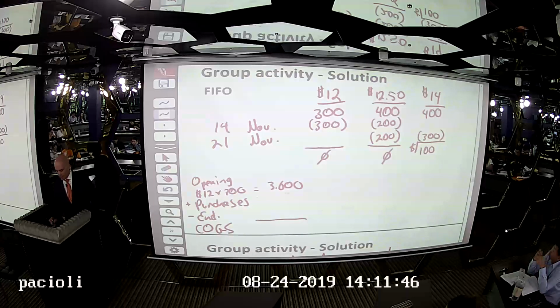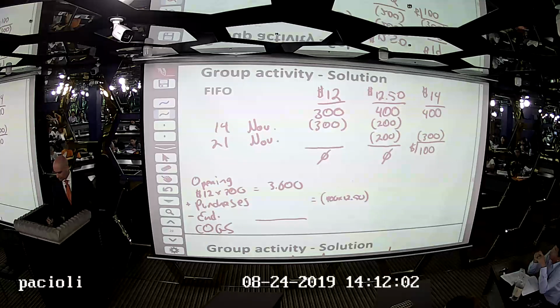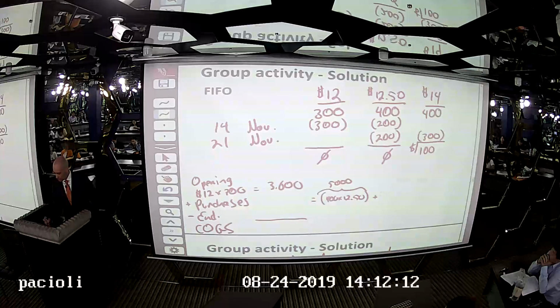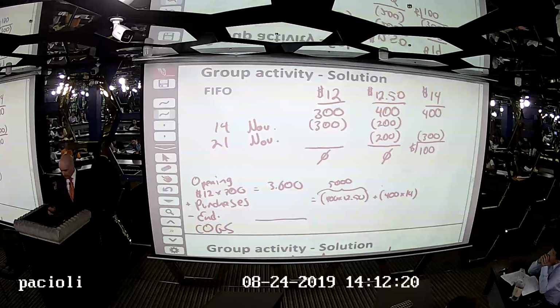So our opening inventory is 3,600. Our purchases are 400 times $12.50, which is 5,000, plus 400 times 14, which is 5,600.